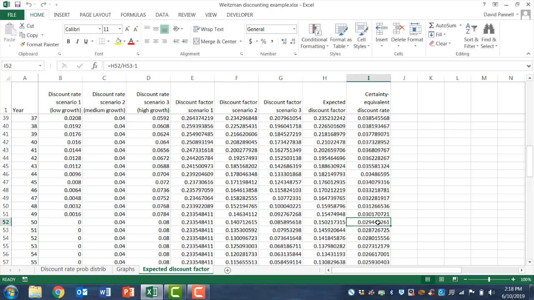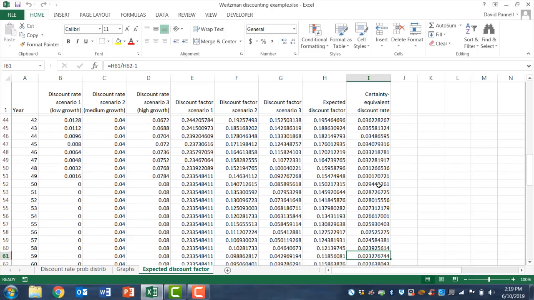That's saying that in year 50, once we take the weighted average of these different discount factors, if we had just used a discount rate of 3% and assumed that that was known with certainty, then we would have got the same discount factor as that expected discount factor for year 50. And as time passes, this certainty equivalent discount rate is falling over time.